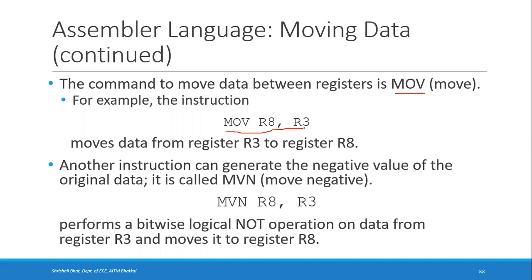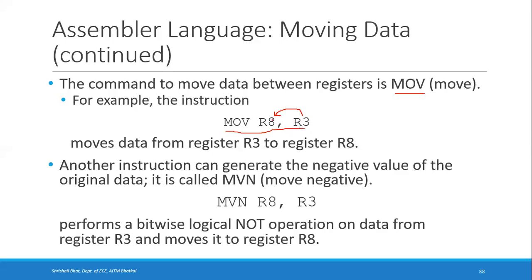MOV R8, R3 copies the contents from R3 into R8. We say it moves the data, but actually the contents of R3 will be retained as it is. It will just make a copy of this into R8, right? You should remember your registers are 32-bit wide, so the 32-bit data present in R3 will be copied into R8.